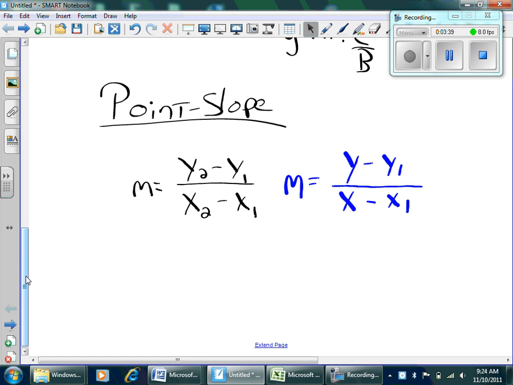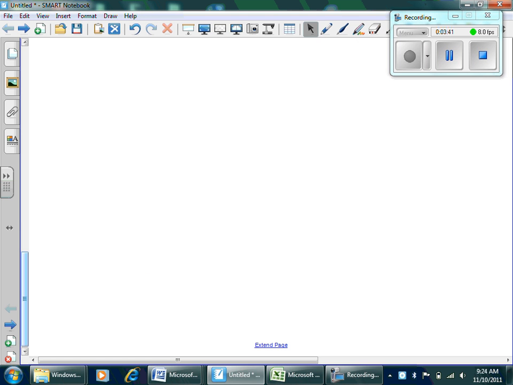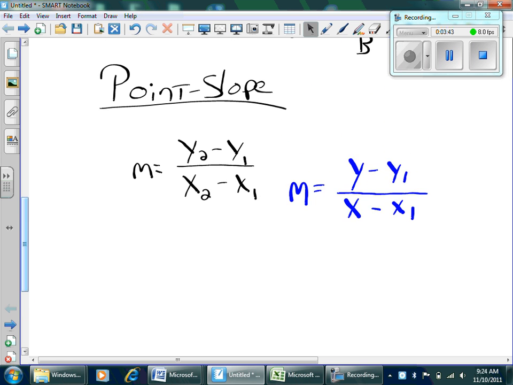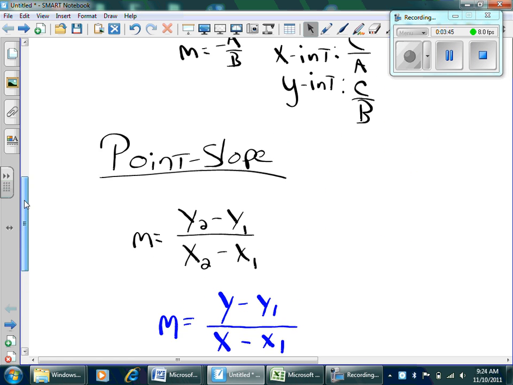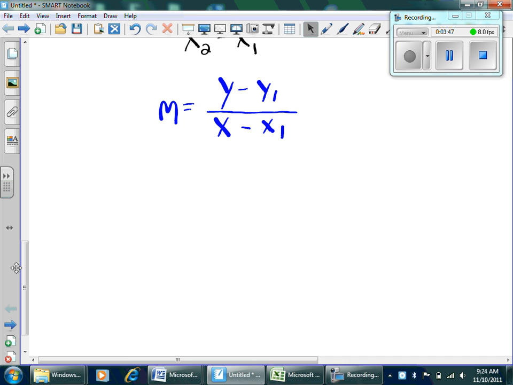Well, check this out. In this blue version of the slope equation, I'm going to try to get rid of my fraction. That means I'm going to multiply each side of the equation by x minus x sub 1 over 1, and on this side, I will write it as x minus x sub 1 in a quantity.